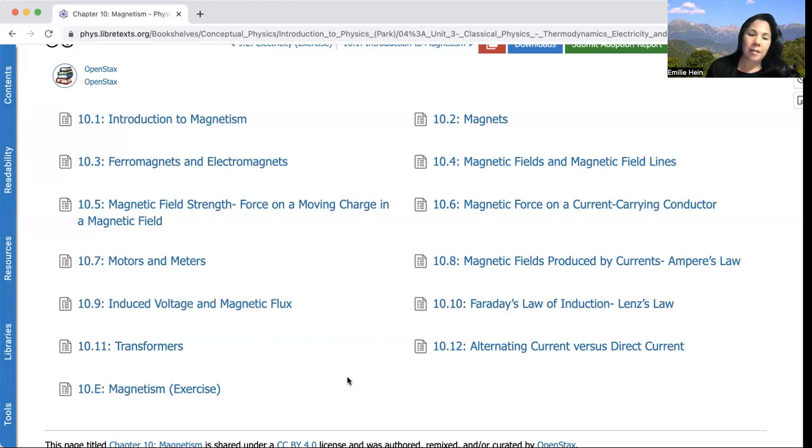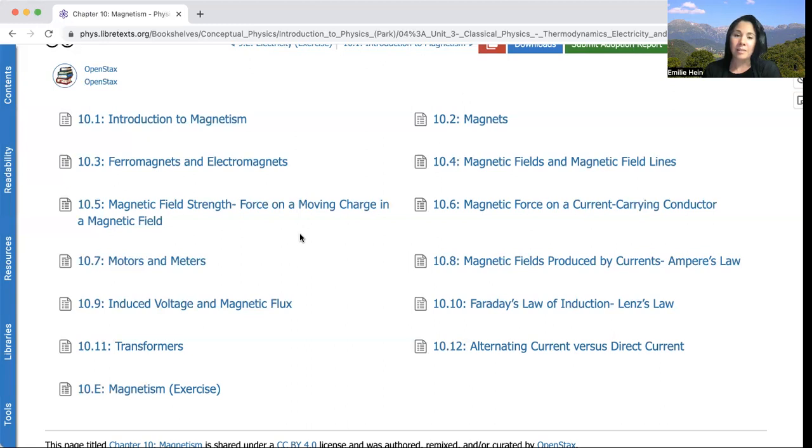And then finally, we'll talk about the difference between AC and DC, alternating current and direct current. So it is a very important chapter with a lot of important concepts. And again, lots of applications here to your everyday life.